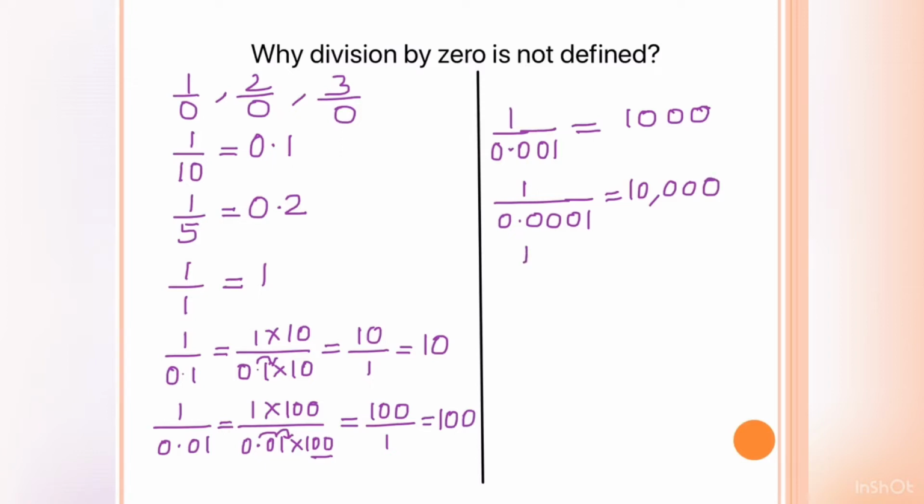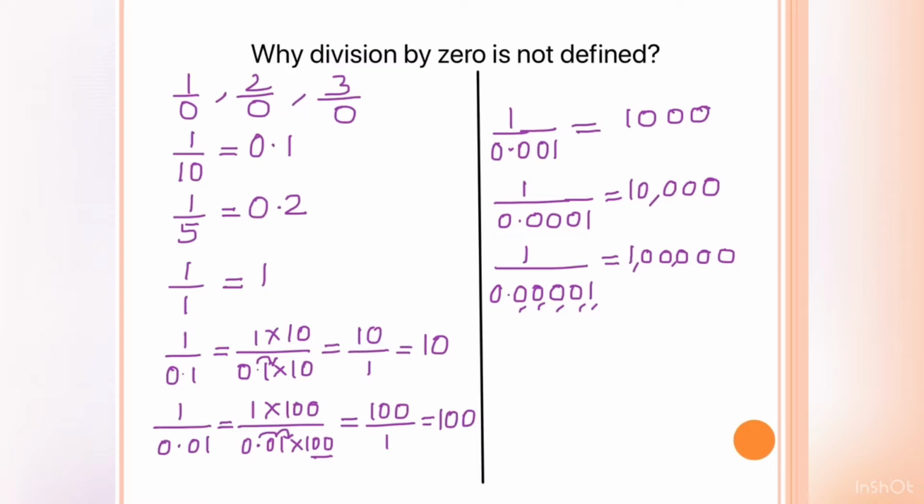And 1 by 0.00001 will be equal to 1 with 1, 2, 3, 4, 5 zeros, which is 1 lakh.